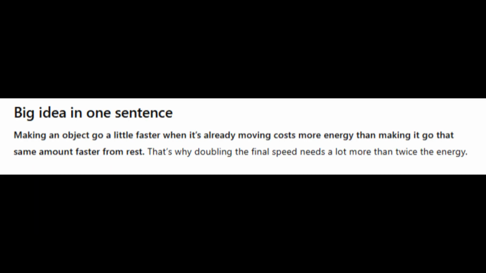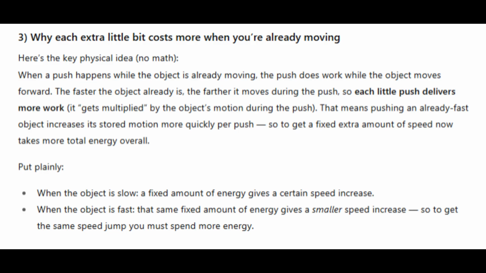Big idea in one sentence. Making an object go a little faster when it's already moving costs more energy than making it go that same amount faster from rest. That's why doubling the final speed needs a lot more than twice the energy. Why each extra little bit costs more when you're already moving. Here's the key physical idea. No math. When a push happens while the object is already moving, the push does work while the object moves forward.